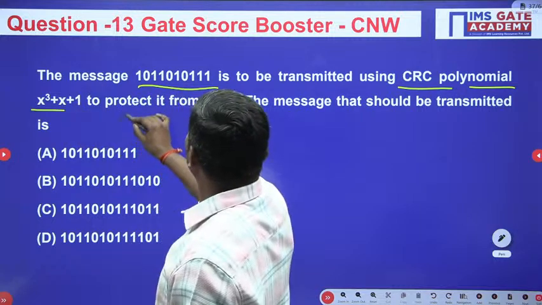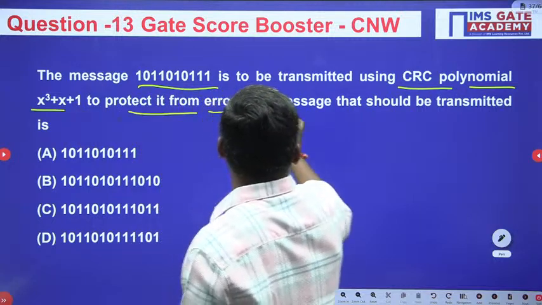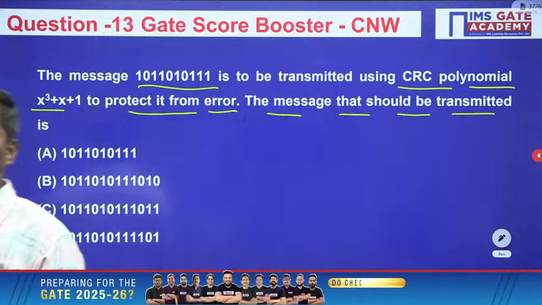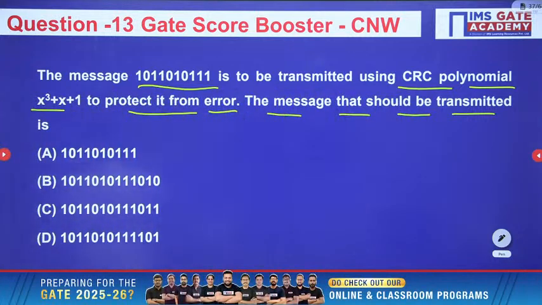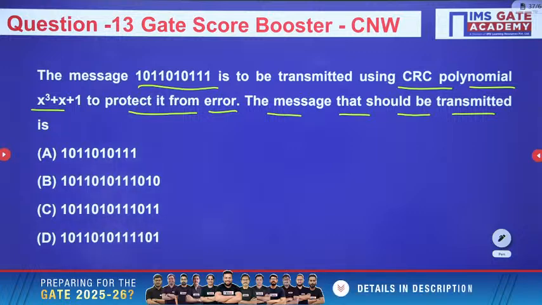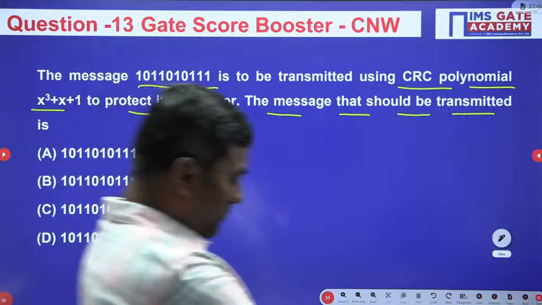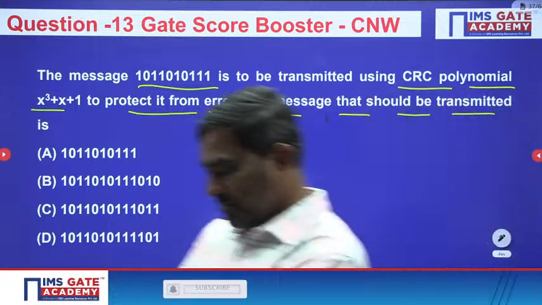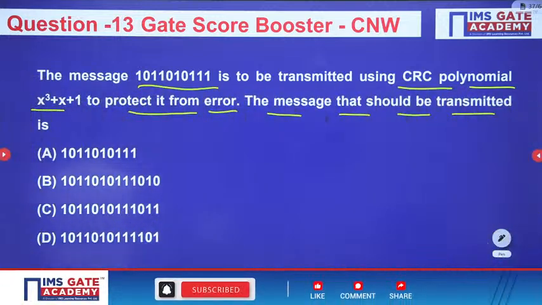To protect it from error, the message that should be transmitted is dash. Can you solve it? Try to solve this question quickly.